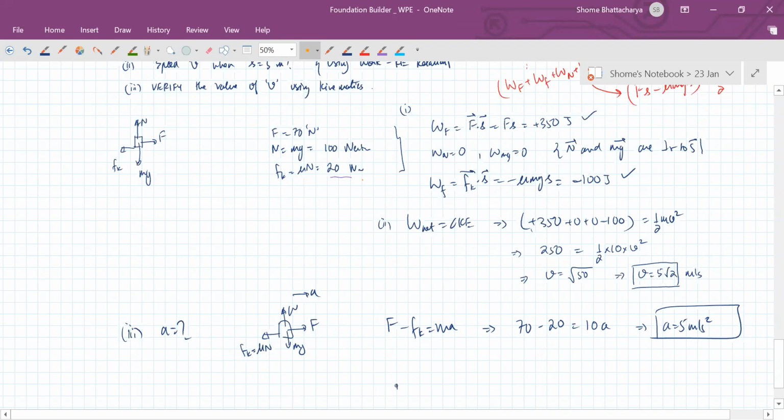Then we use kinematics, that u is equal to 0. V we want to find out for the displacement of 5 meters. During that time, the acceleration is 5 meters per second square. So we'll use the relation that v square is equal to u square plus 2as.